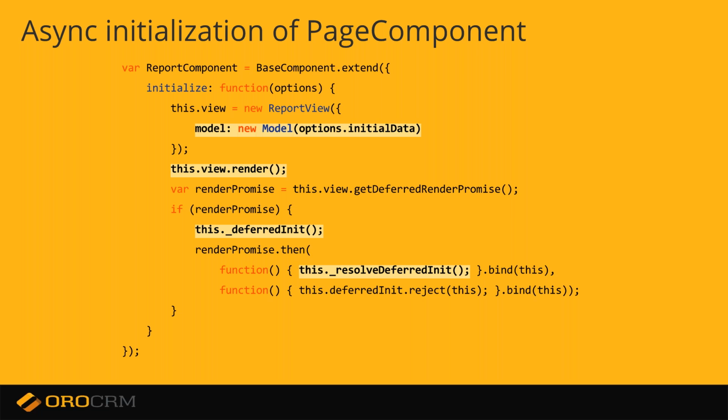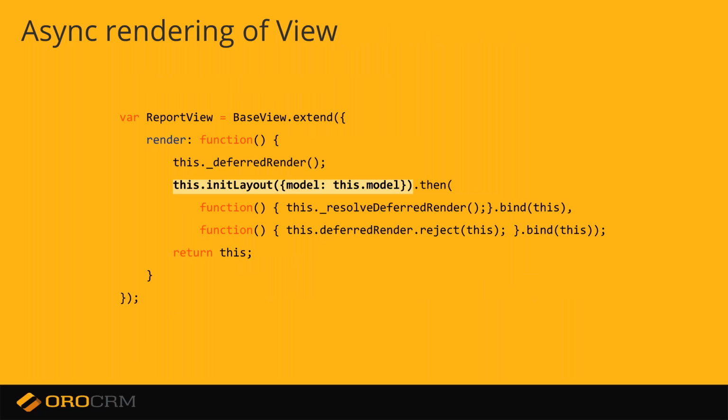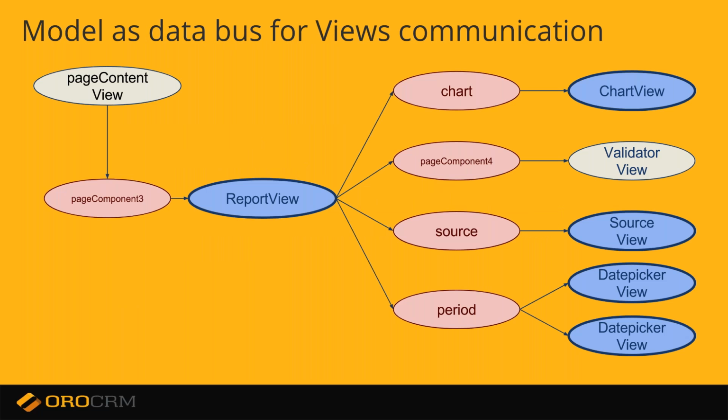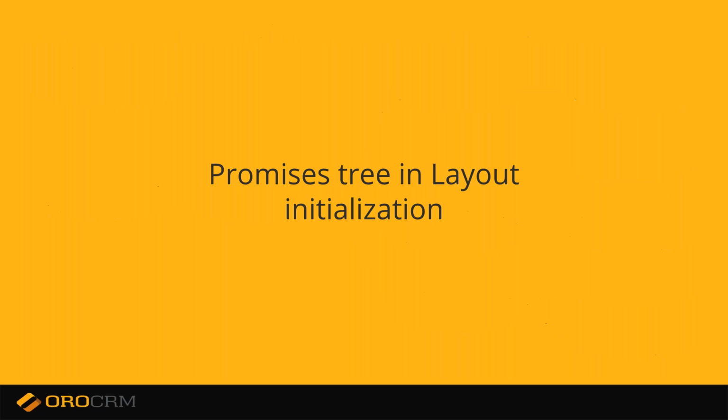The report view shares the model with its layout. Here you see that init layout accepts the model, and it will be accessible in child components, nested components. This way, the model becomes accessible for the chart view and the controls view.